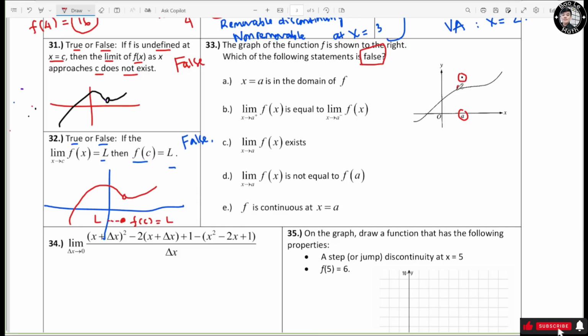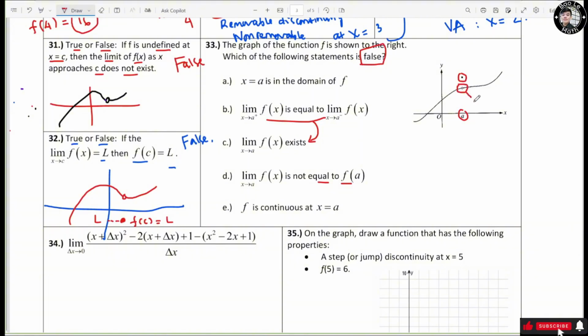Yes, the limit right here exists. Choice C. The limit of f(s) exists when s approaches a. Yes, because B is right, then C should be right. Choice D. The limit of f(s) when s approaches a is not equal to f(a). Yes, that's correct.